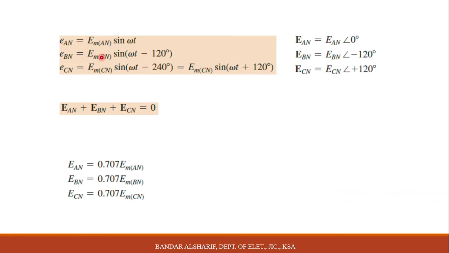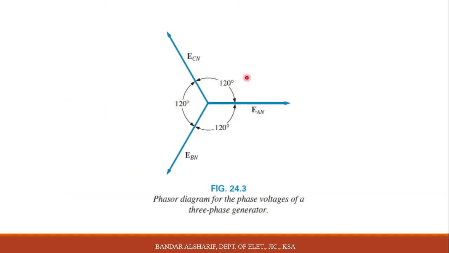Similarly here, since we have a phase shift of 120 degrees between each phase and phase, you can notice that we wrote here the phase shift 120, and for ECN we wrote minus 240. Minus 240 we can write as plus 120.